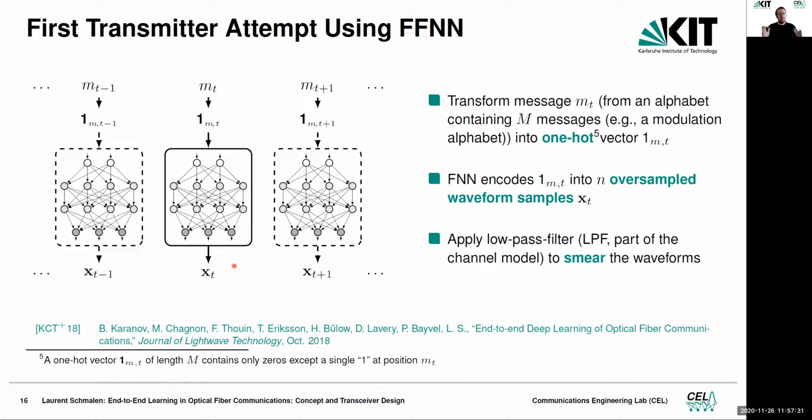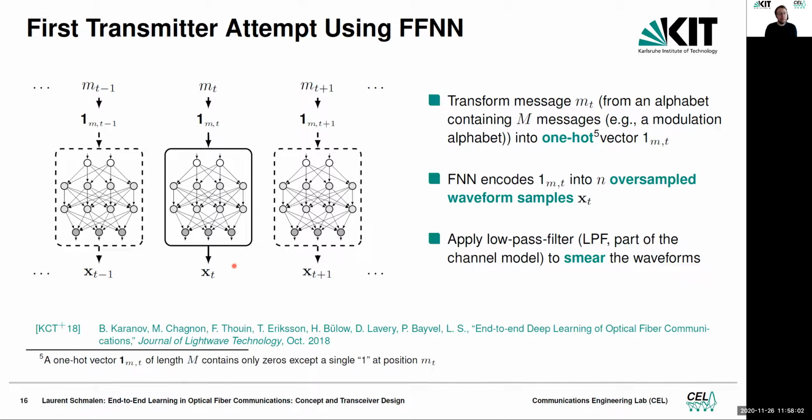In our case, we had 48 or 24 samples of our waveform, and then we just concatenate those vectors. These are oversampled, so we have a low-pass filter that smears the waveforms so that the effects where you stitch together become negligible. So with this neural network, you can pre-compensate at least some dispersion that is inside such a block.